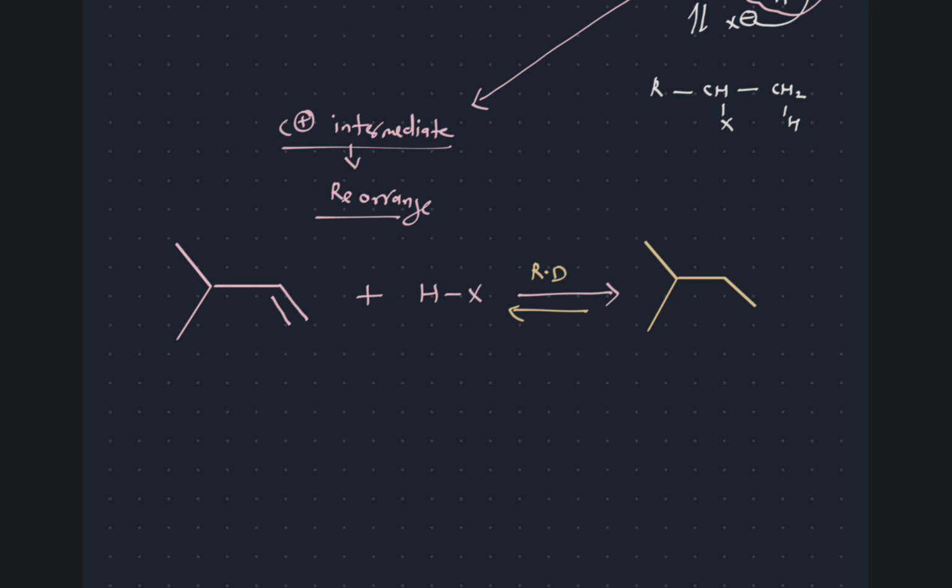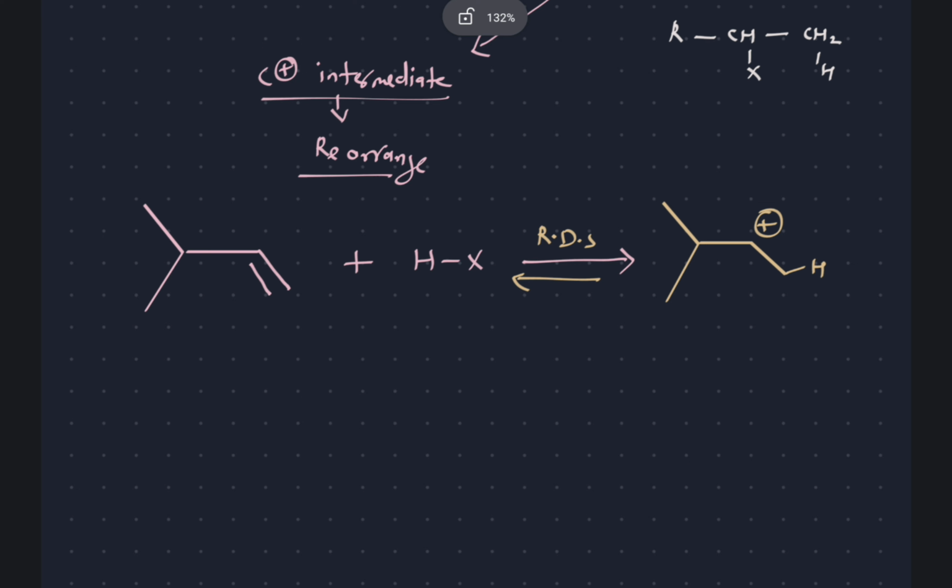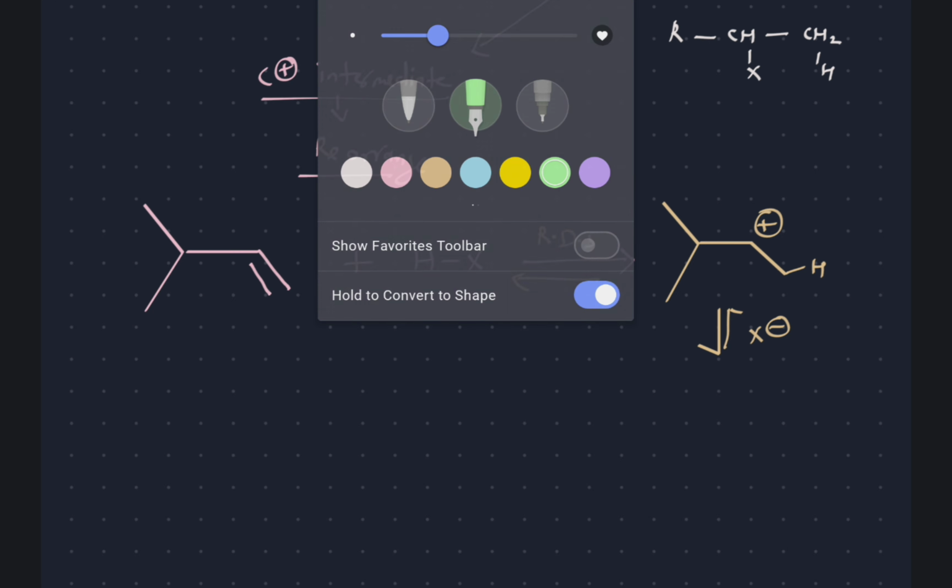This is the RDS step. So you will form this carbocation, right? Hydrogen will attach on this carbon. Now the halogen could be attached, but before it attaches to this carbocation, it will go through rearrangement. And what is rearrangement exactly?